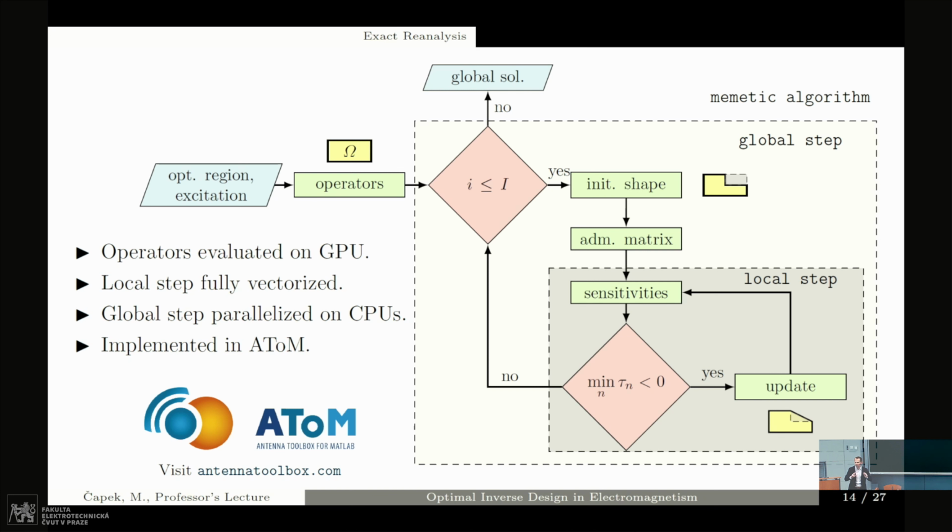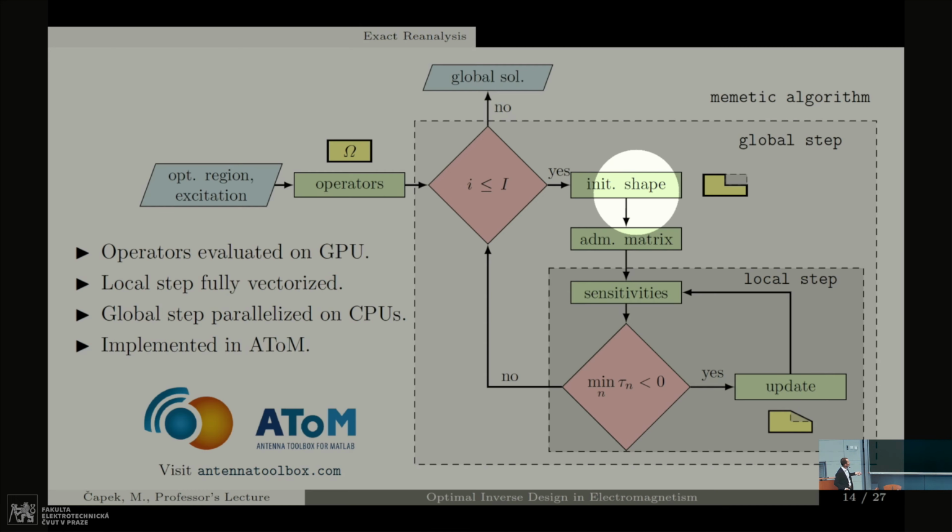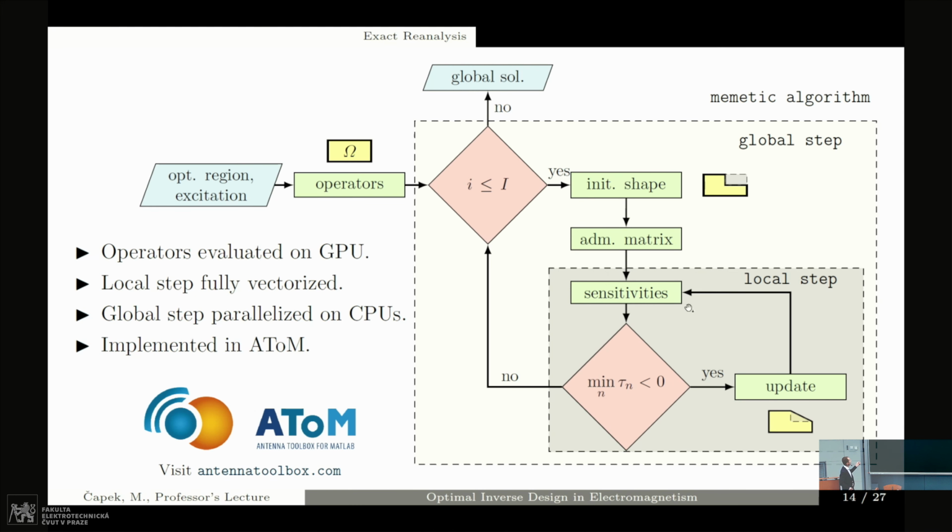That global step is some genetic algorithm. But that's not the important point. The important point is what sits there, and that's our local algorithm, which is super fast, because it's also fully vectorized. And then the global one runs in parallel on all the CPUs you have. So that algorithm is pretty fast, I would say, and everything is implemented in Atom.